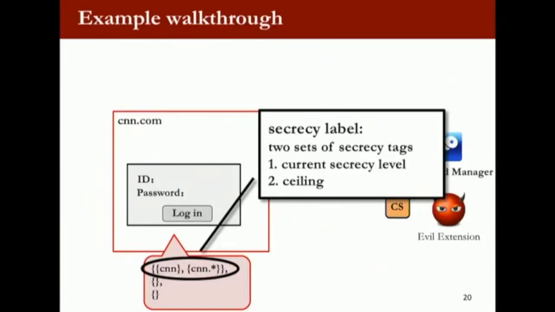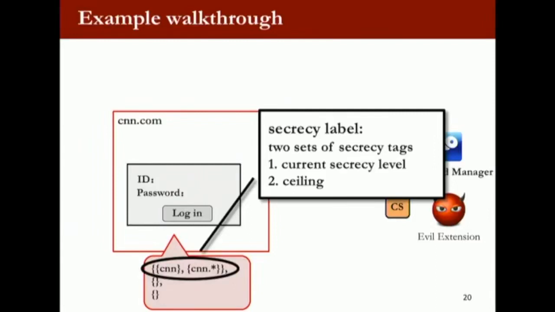So the ceiling tells me that in addition to secret from CNN, I can also receive any secret that is CNN dot anything, essentially any secret that belongs to CNN, but some other extension might have modified. That's the secrecy label. We have the current level and the max level. If in future this entity receives more secret, it cannot shoot over the ceiling. It has to be capped by the ceiling.